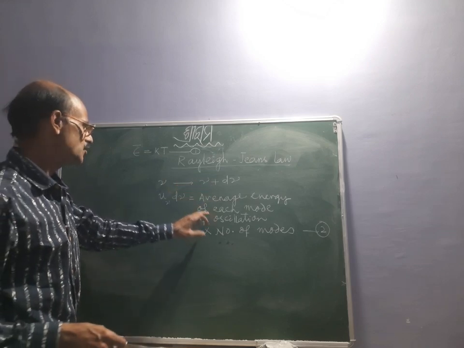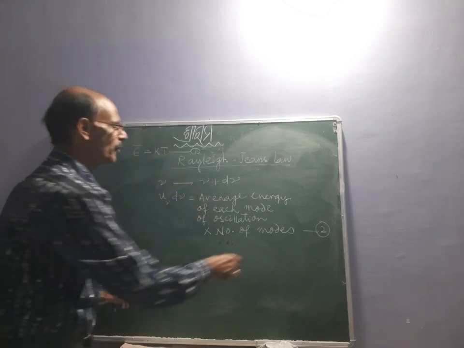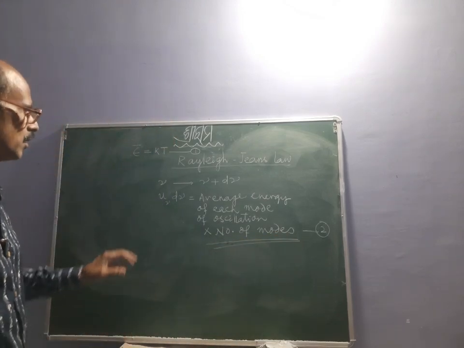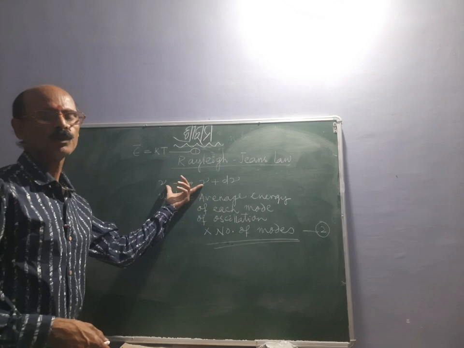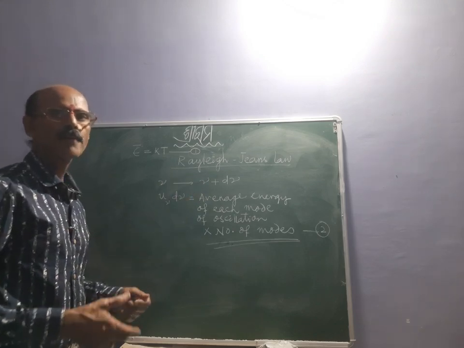This average energy is given in this assumption. We have to find out the number of modes of vibration within the frequency range nu to nu plus d nu. That we have to calculate.